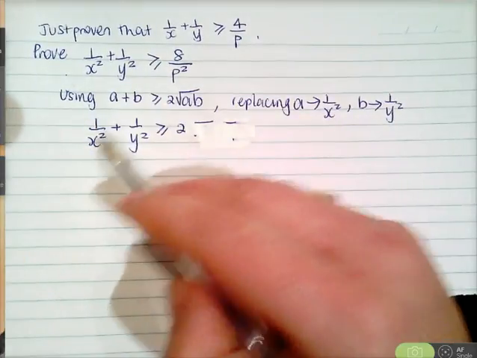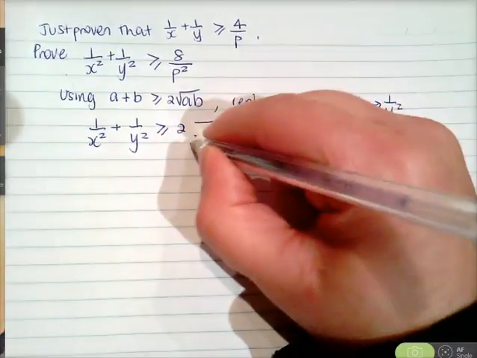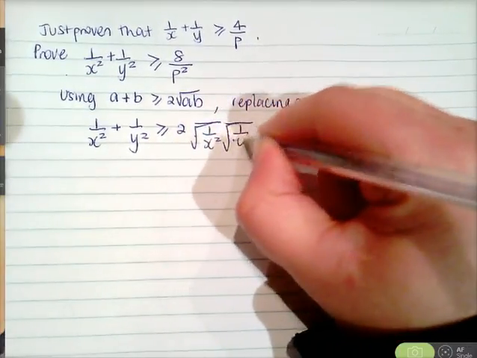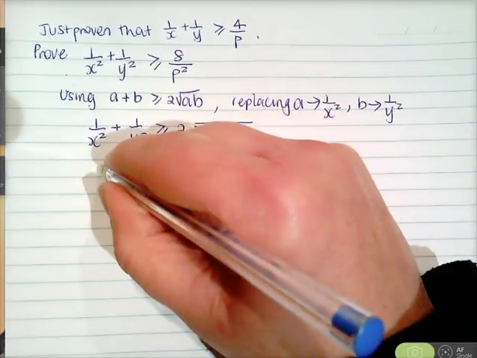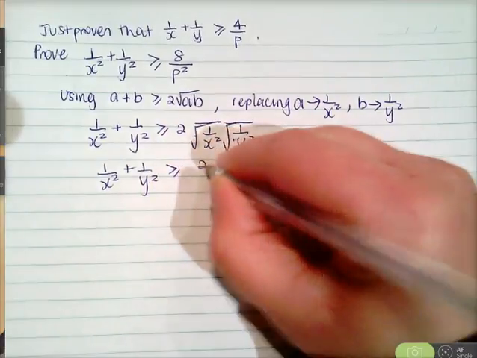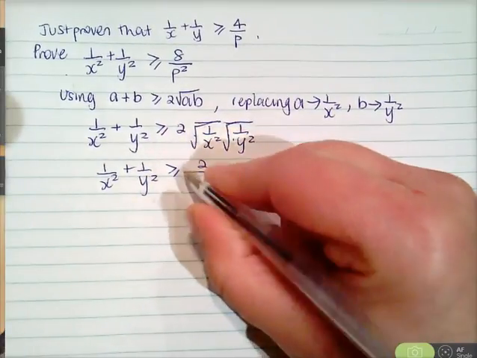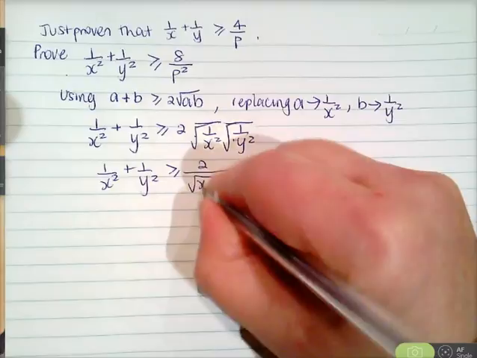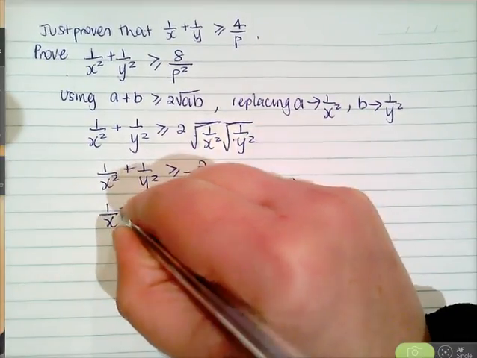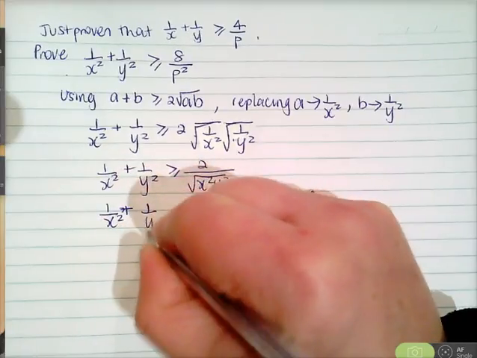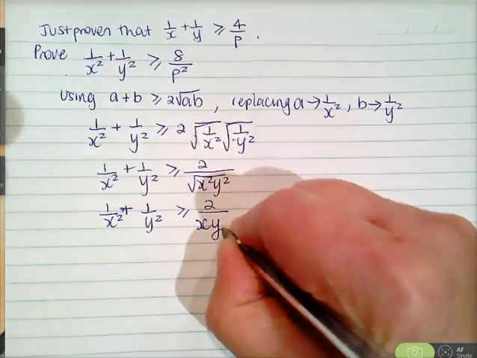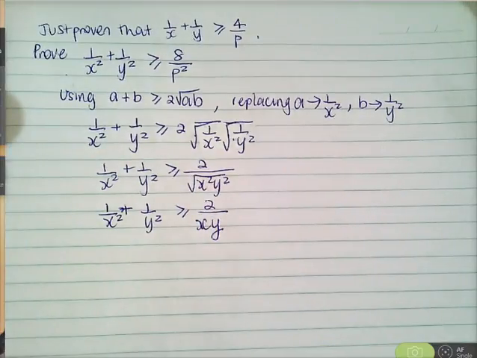We get that 1 on x squared plus 1 on y squared is greater than or equal to 2 times the square root of 1 on x squared times the square root of 1 on y squared, which means that 1 on x squared plus 1 on y squared is greater than or equal to 2 over the square root of x squared times y squared, which is just xy. So we've got 1 on x squared plus 1 on y squared is greater than or equal to 2 over xy.